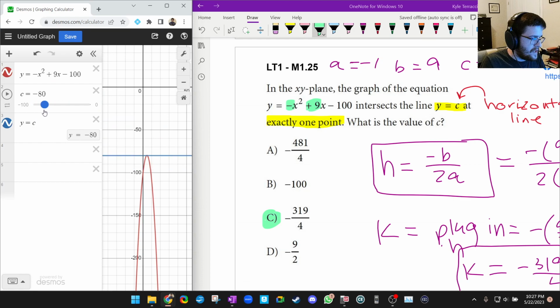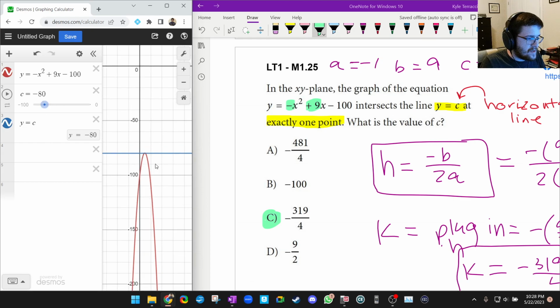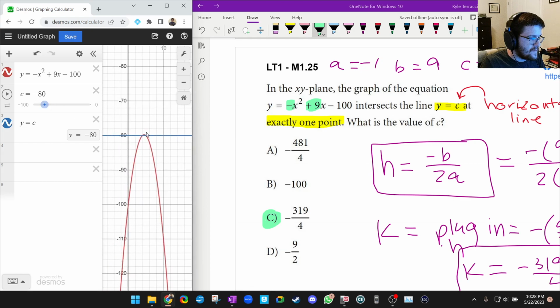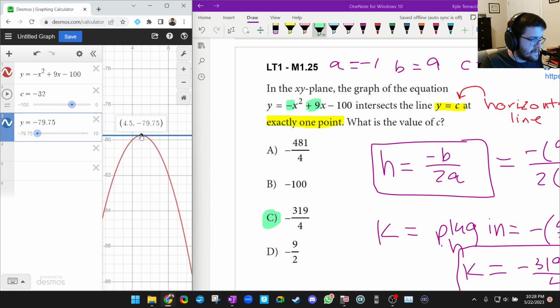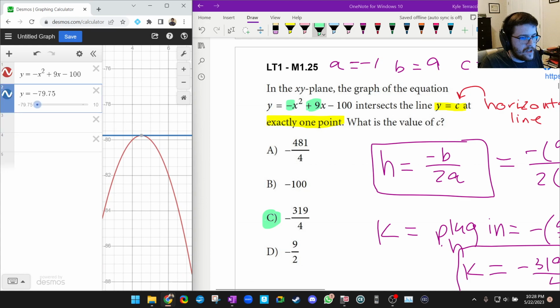And then you can start to see, wait a minute, it's got to touch there, and you can zoom in and make it a decimal. But again, I think it's much easier if you just plot it and then go, oh, I bet it's negative 79.75. Let's try that. And it is. See, it goes right through there perfectly. Great. All right, let's move on.